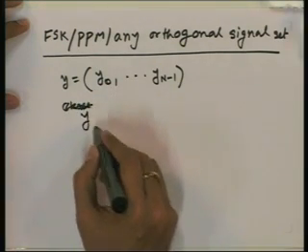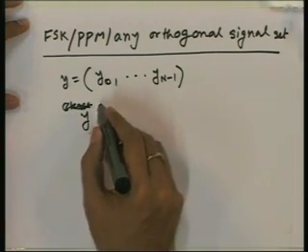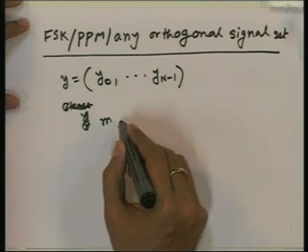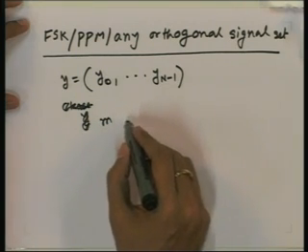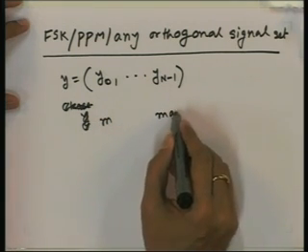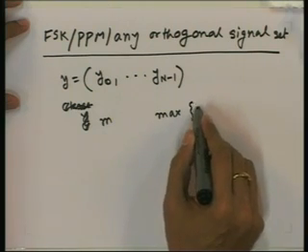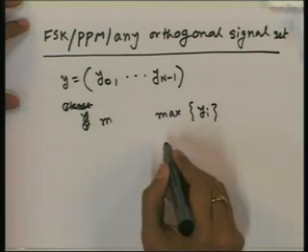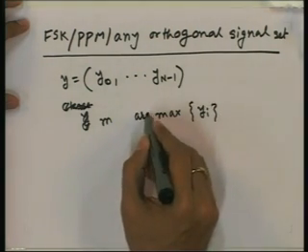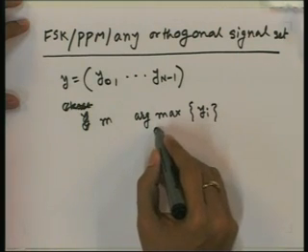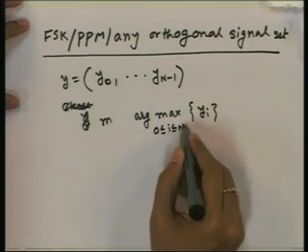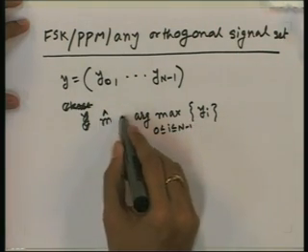Take the maximum of yi, take the argument of that, the argmax. This is our estimate of m.